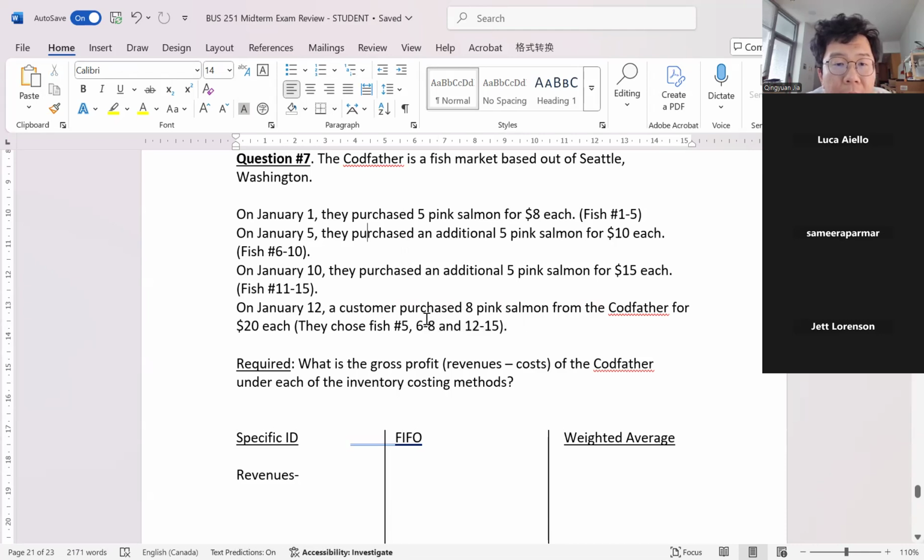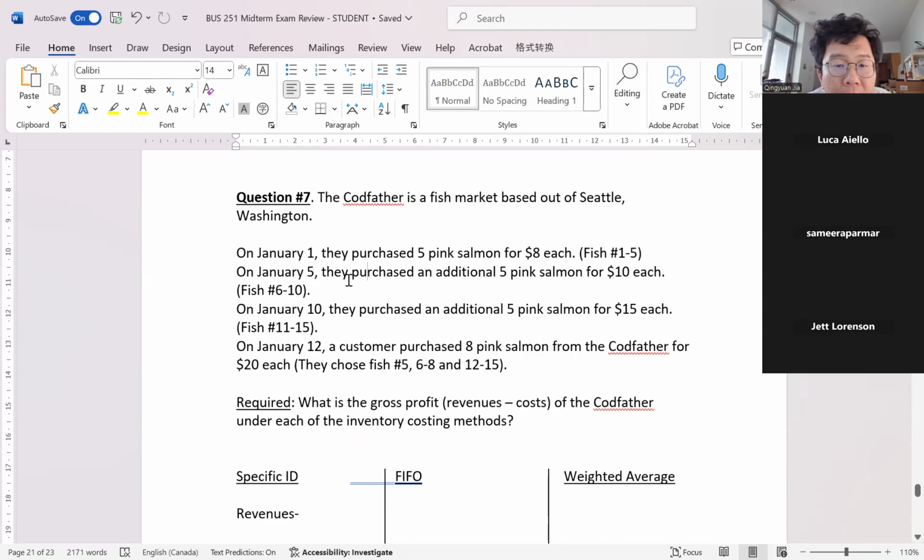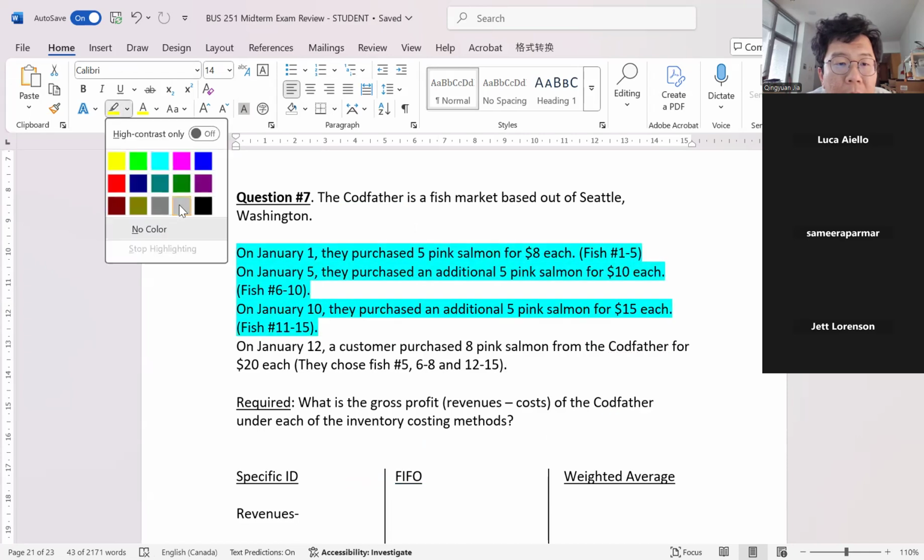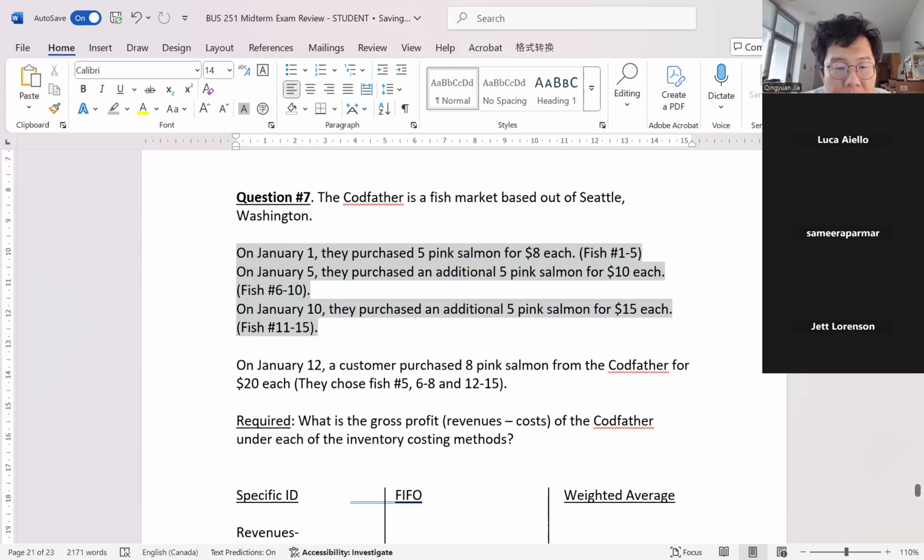Also, by reading this, we know that these first three items are all purchasing, and this January 12th is selling.